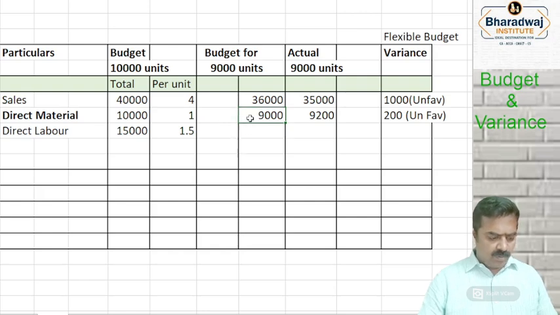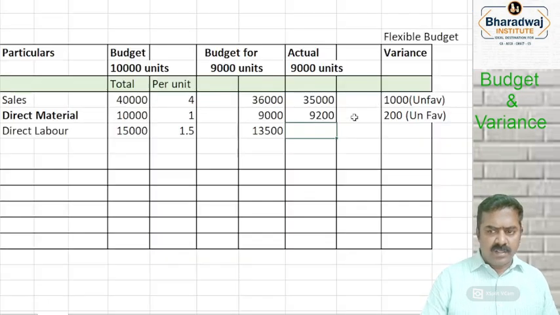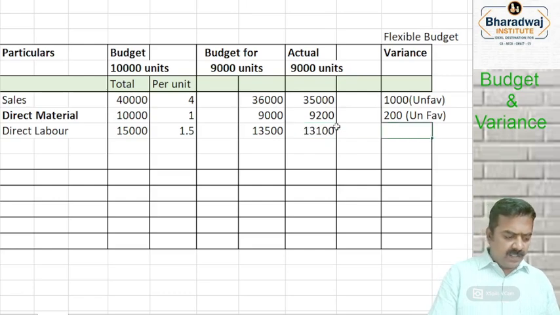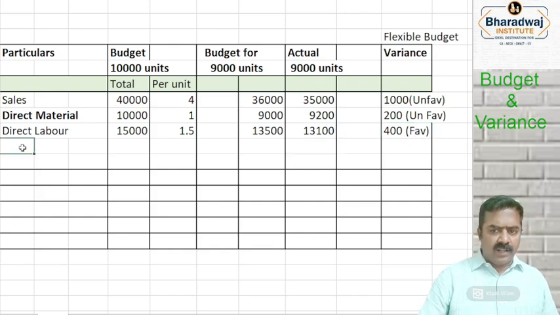So when you work out 9,000 into 1.5, what is actual given for that wages? 13,100. So we spent less, 400 favorable.